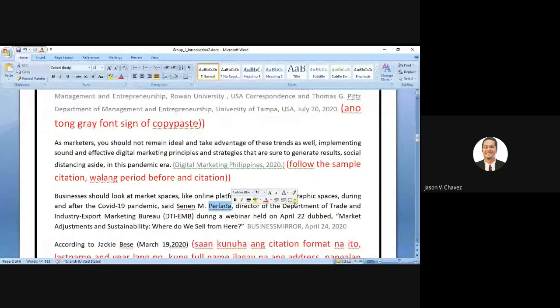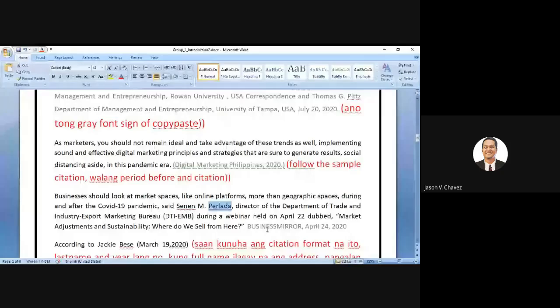For example, if Perlada is at the end of the paragraph, you say market adjustment, and you don't have to put, by the way, the title of the book or the research, no? No need. Do not put it, because it is assumed that they can find these details already in the reference section, including the title, the date, and everything, no?